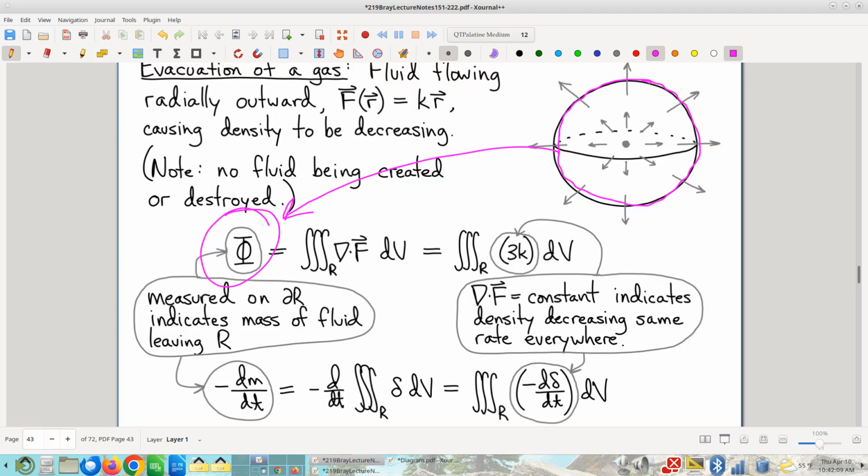That means that the total amount of gas inside the sphere is decreasing, because flux is telling you at what rate the mass is actually leaving through that boundary surface. So the pretty clear interpretation of flux here is that it's telling you how fast the total quantity of fluid is decreasing inside of the sphere. So it's the negative rate of change of mass.